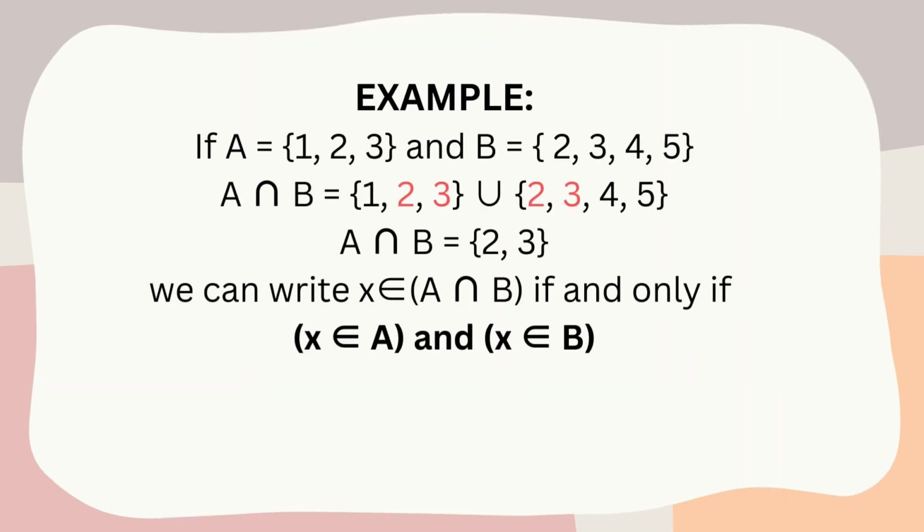Let's have a look at an example. Set A has elements 1, 2, and 3, and set B has elements 2, 3, 4, and 5. The red highlighted elements are the common or intersecting points of the two sets. So the two elements are 2 and 3. So A intersection B is 2, 3.